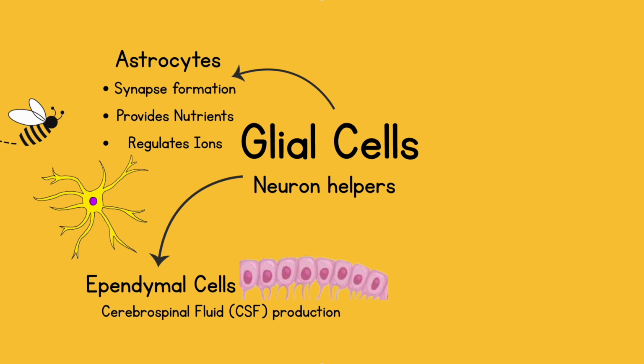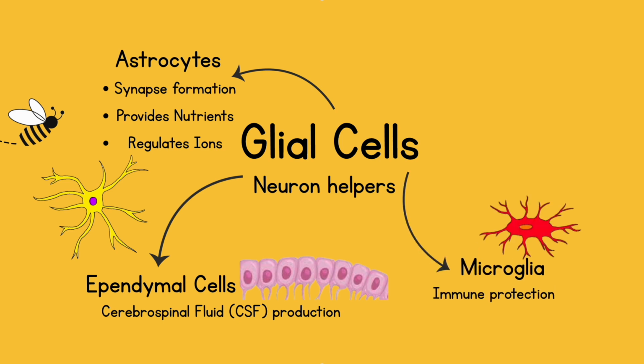We have ependymal cells, which produce cerebrospinal fluid and cushion the brain, the spinal cord, and peripheral nerves. And then we have the microglia, which focus on immune protection of neurons and overall the nervous system.